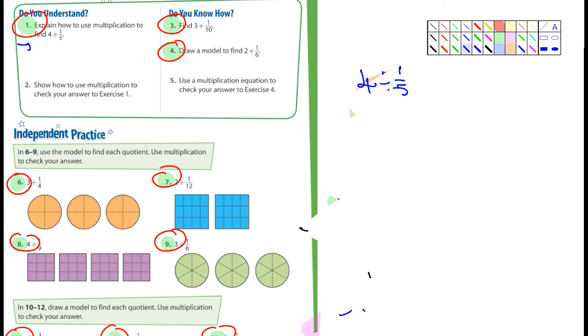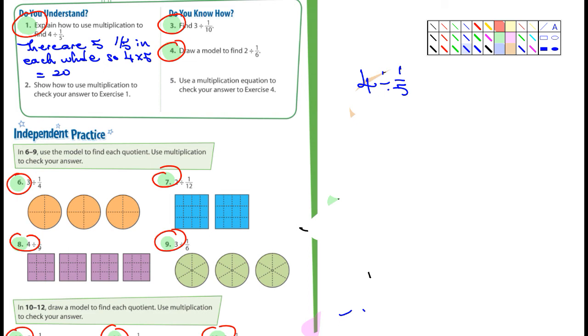There are 5 1/5 in each whole. So 4 times 5 equals 20. Here's number one done for you.